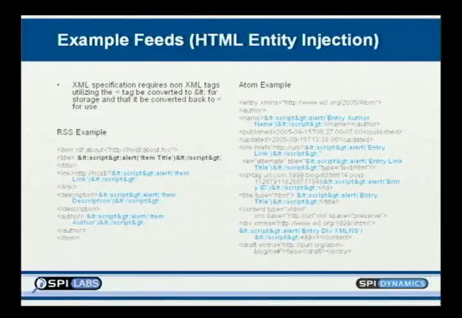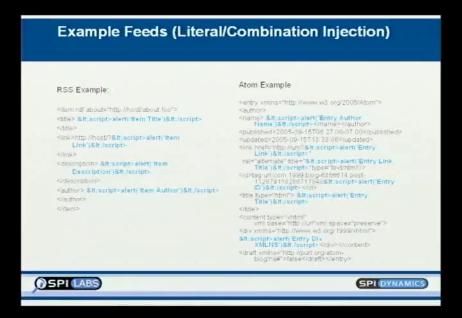And in this example, technically I'm closing the script tag, so technically that's valid XML. However, I was wondering, if they're meant to convert that, whether I can just put that in there and if that'll work. So that's something that I tried. And this is just the combination example. On the left, you can see I have the entity. On the right is just the literal tag for that.